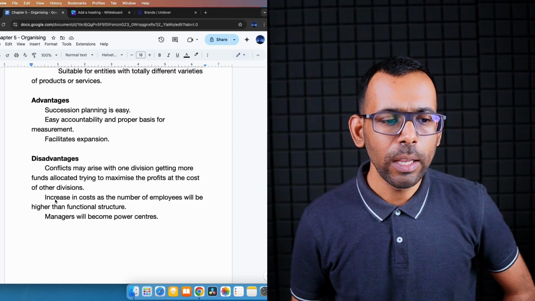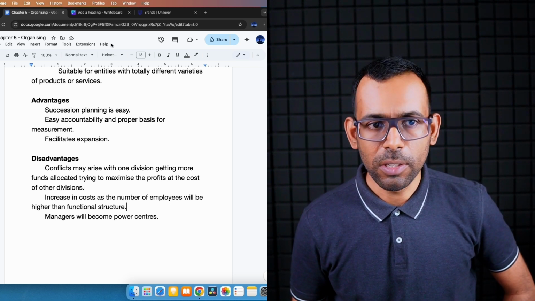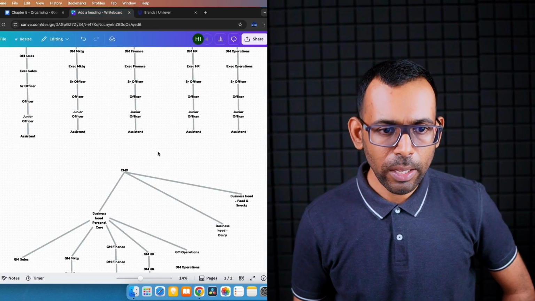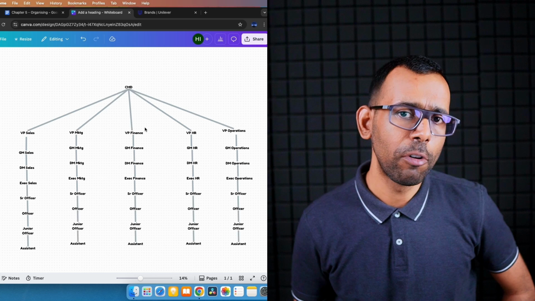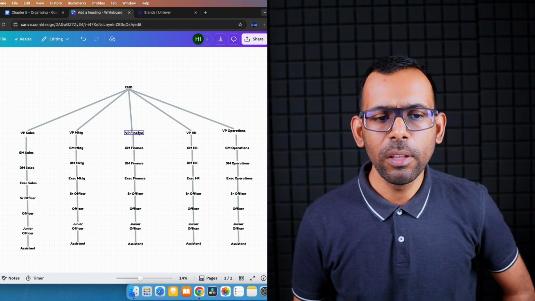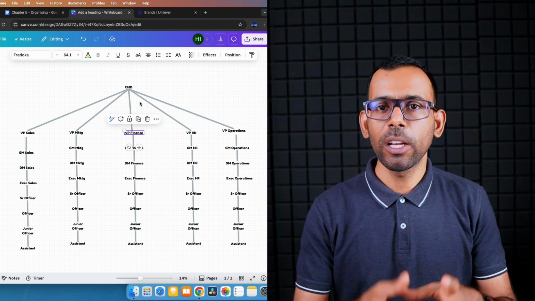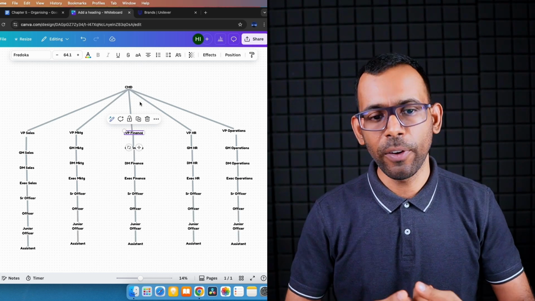The second point is increase in costs, as the number of employees will be higher than in the functional structure. Now, I'll give you an example. I have been to a functional type of organization. I have also been to a divisional type of organization. Under a functional type of organization, the VP Finance, even if the company has 4 or 5 products, they may not be so differentiated products.